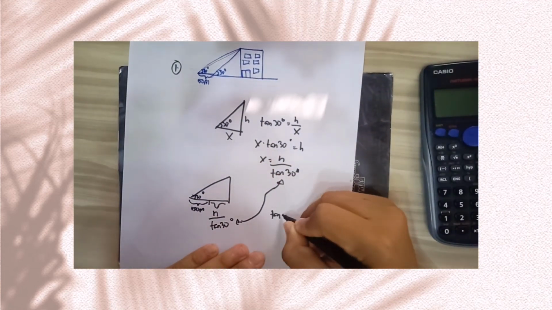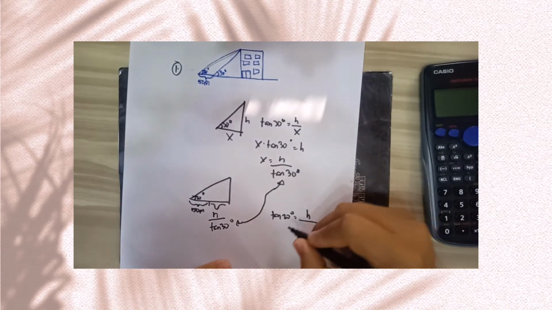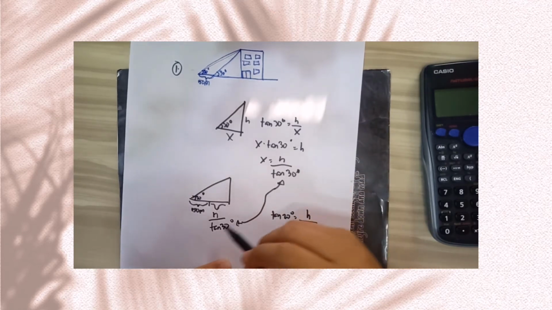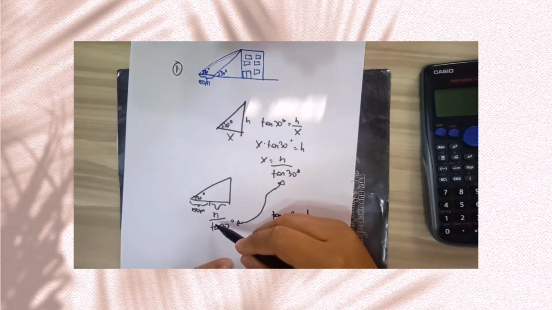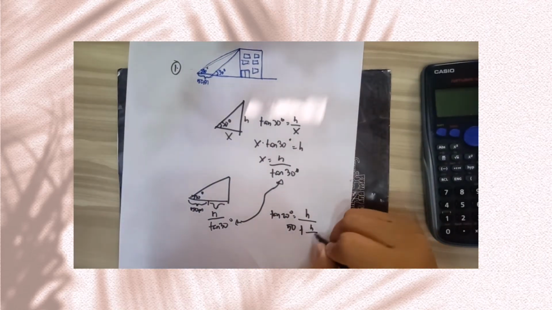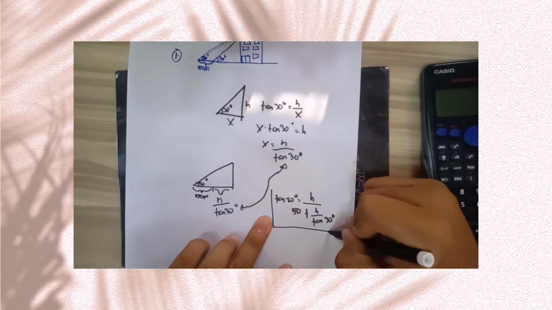Tan 20 degrees equals h over 50 plus h over tan 30 degrees. So we are going to solve this.